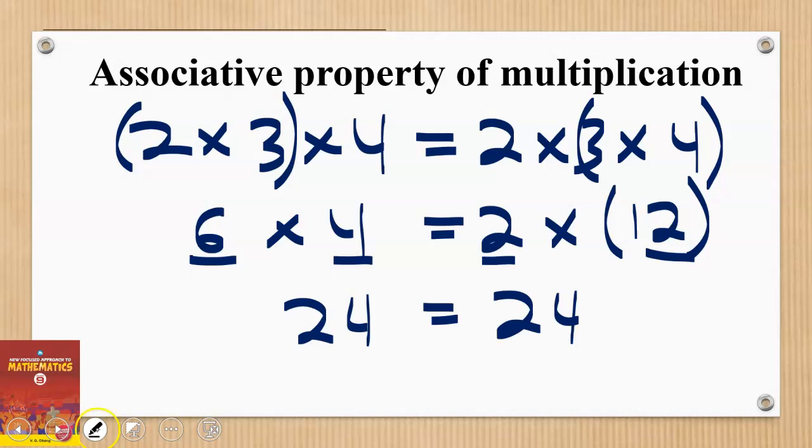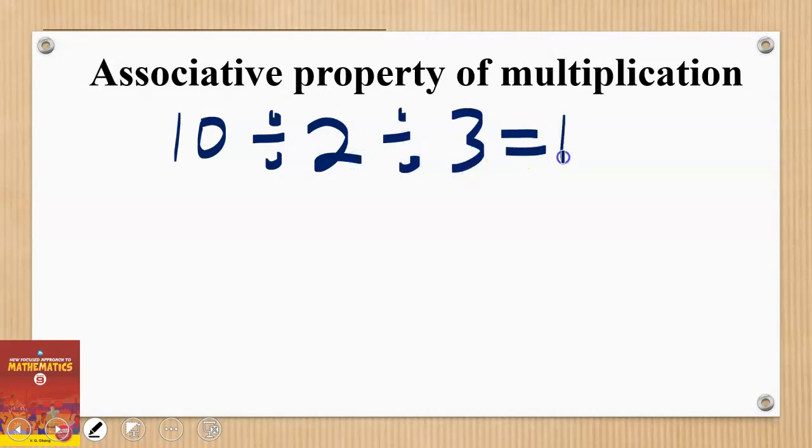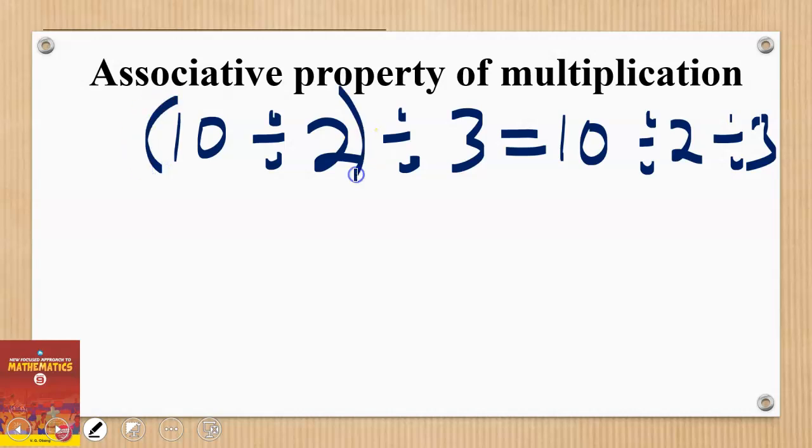In the case of division, check this. If I say I have 10 divided by 2 divided by 3 at both sides, based on what I did with multiplication, the left-hand side should be equal to the right-hand side because I've written the same thing at both sides. But how come when I do the division, 10 divided by 2 is 5, then divided by 3.